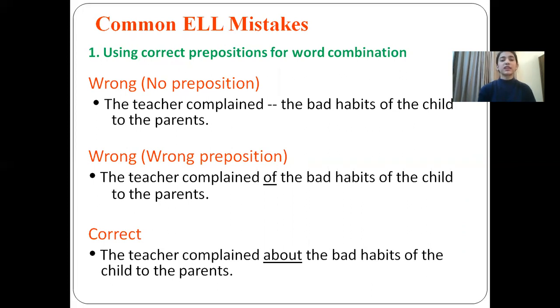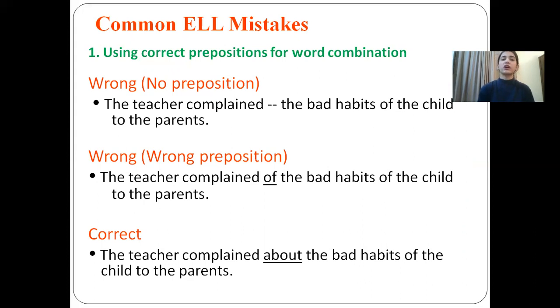Now, the second mistake that some English language learners make is that they use wrong prepositions. The teacher complained of the bad habits of the child to the parents. This is wrong because the preposition of used here is not correct. So the correct form is going to be, the teacher complained about the bad habits of the child to the parents.